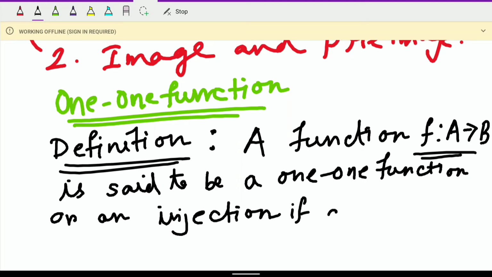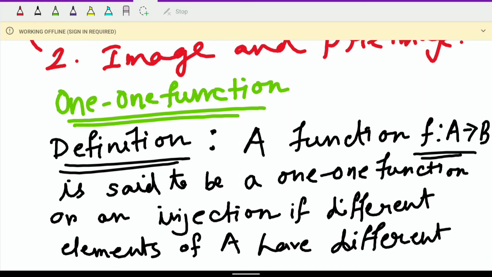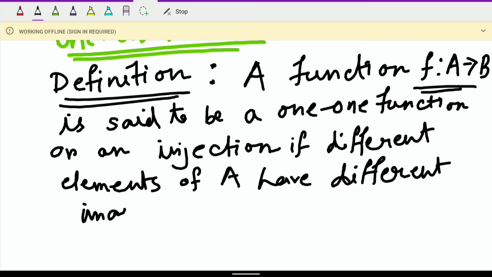if different elements of A have different images in B. Some terms should be noted here: image, elements, and one-one function or injection.